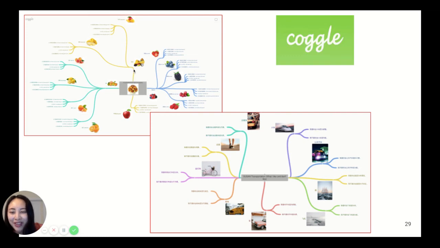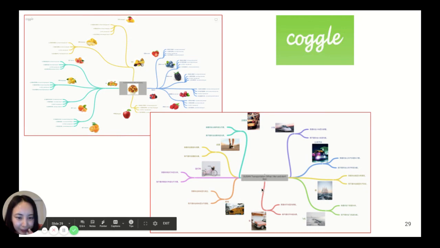What amazed me is I really saw students make their own choices on how to organize the information on Coggle. Here a student organized the fruits into categories by whether they're berries or citrus or tropical fruits. So in that way, I know, okay, this is a logic working for them, and it's pretty interesting.